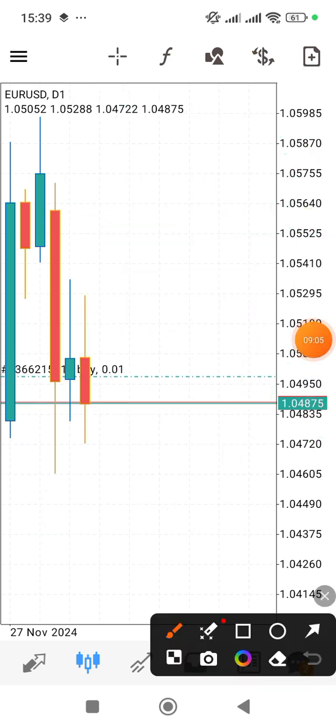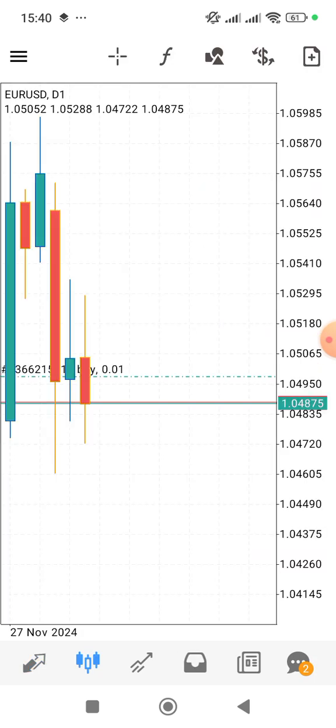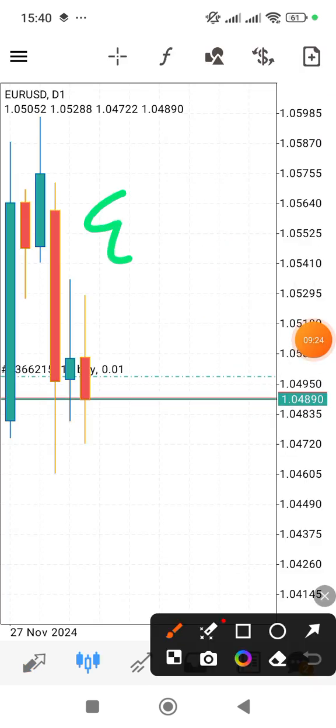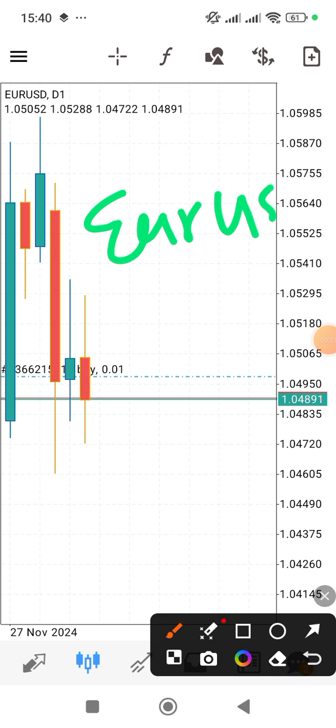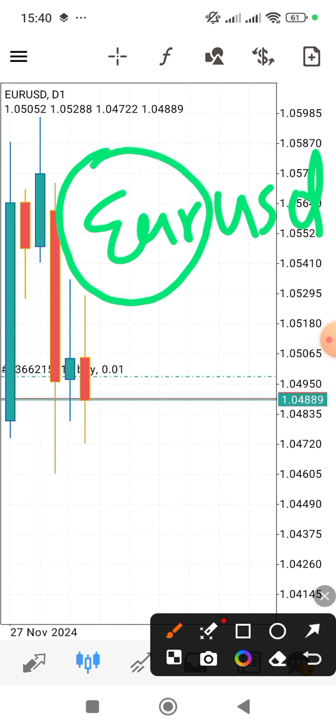Now, why do we call it base currency and quote currency? It's base because when you have Euro USD, for example, the moment you click buy or sell, it is the base currency that is affected.